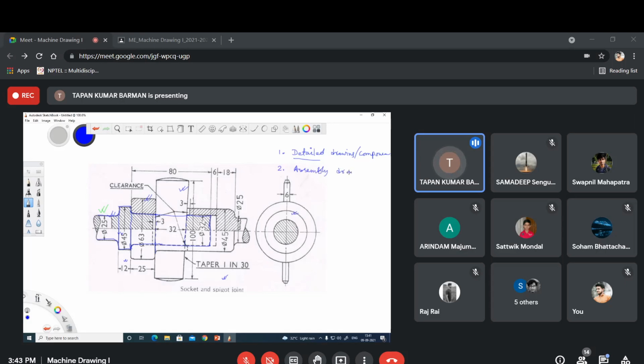So in your class, sometimes we will provide the assembly drawing, you need to make the detailed drawing, or the detailed drawing will be provided to you, you have to make the assembly drawing of that.